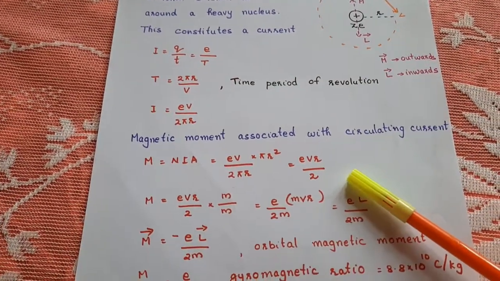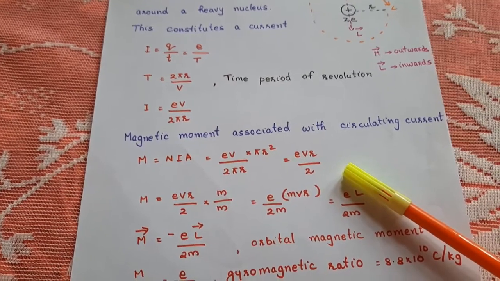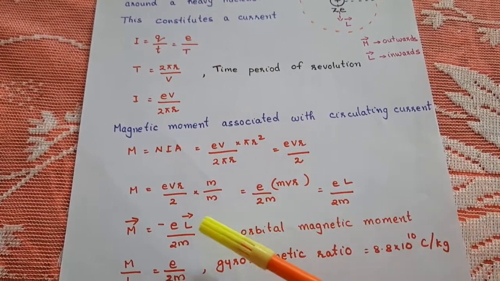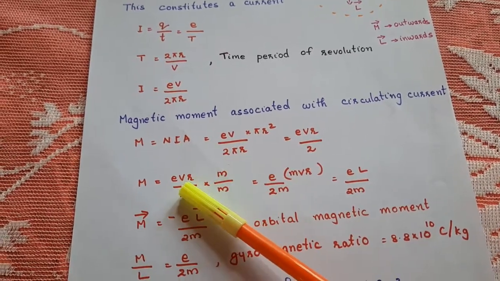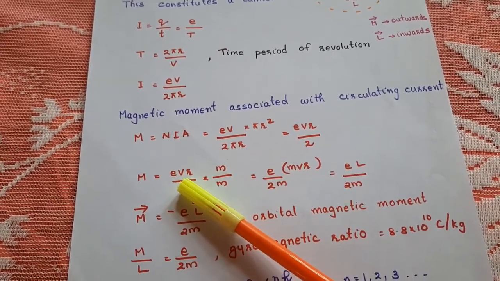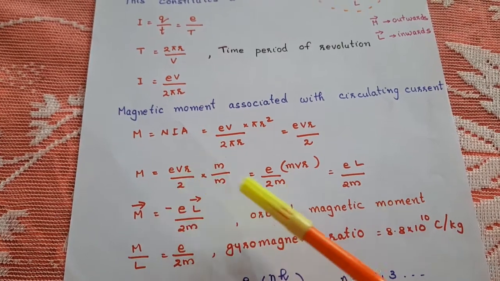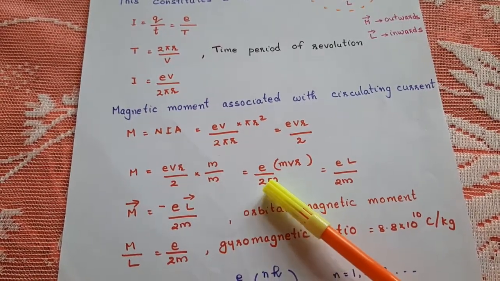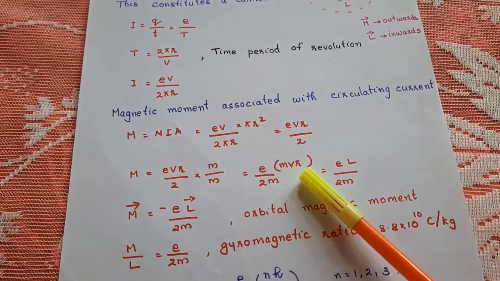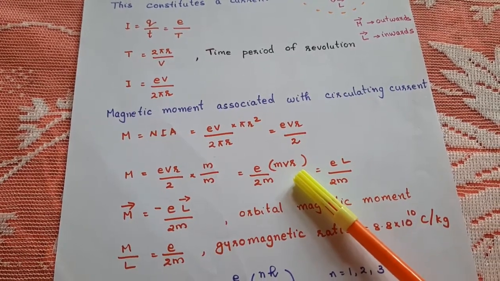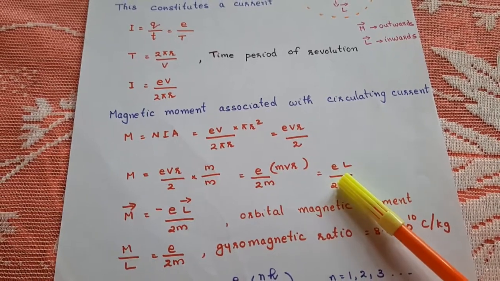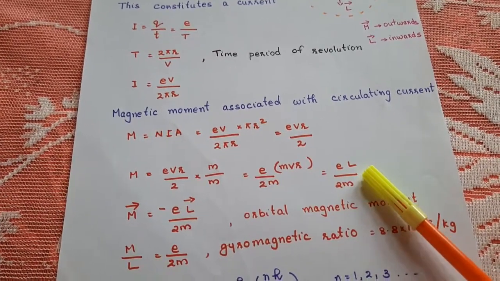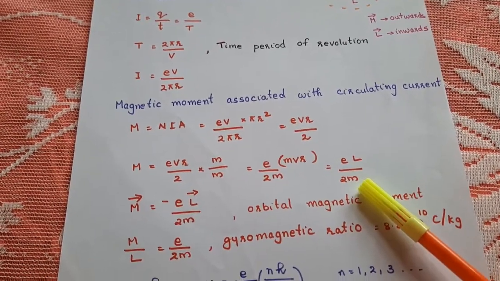Let us write this equation in terms of angular momentum. Let us multiply and divide by m, and mvr is the angular momentum of the revolving electron. So M is equal to e by 2m into mvr. mvr is L. So we can write magnetic moment is equal to eL by 2m.